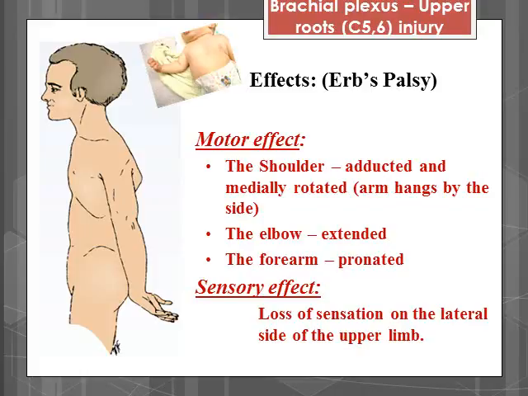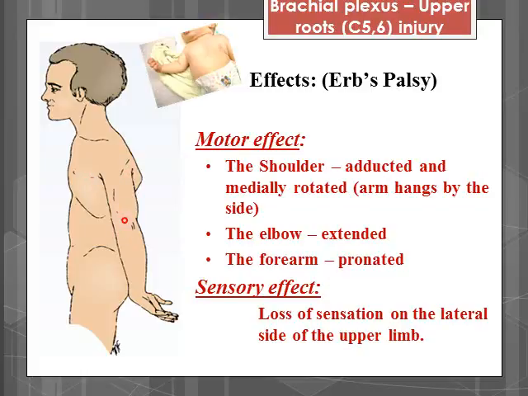This paralysis has motor and sensory effects. The motor effects involve the shoulder, elbow, and the forearm. As we see here, the arm hangs by the side due to adducted and medially rotated shoulder.